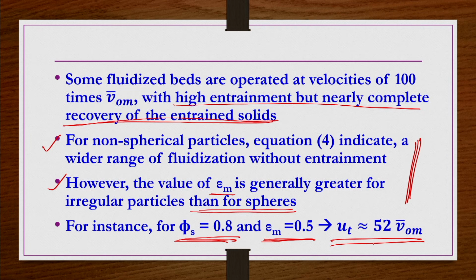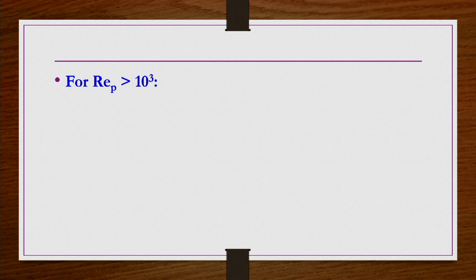But here, with irregular particles and slightly more voidage, it is coming out to be 52, slightly higher than the spherical particle conditions. So, now we take the high Reynolds number conditions.